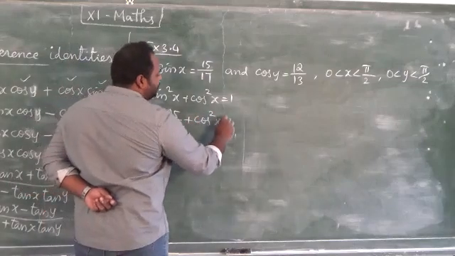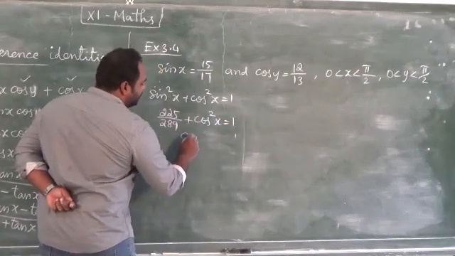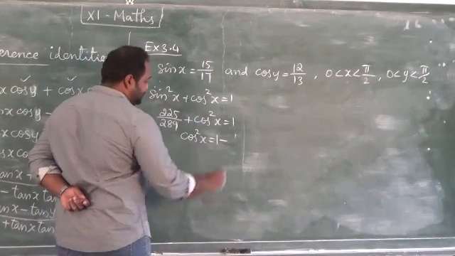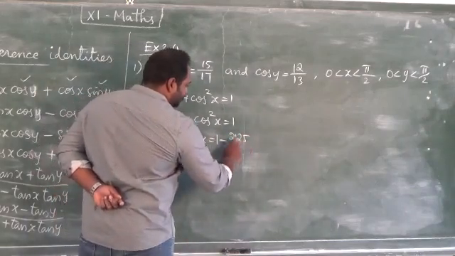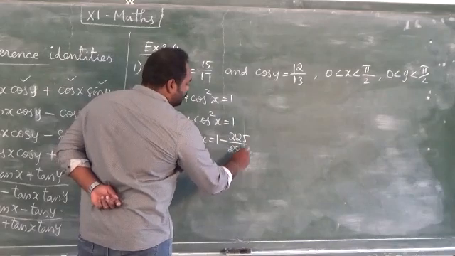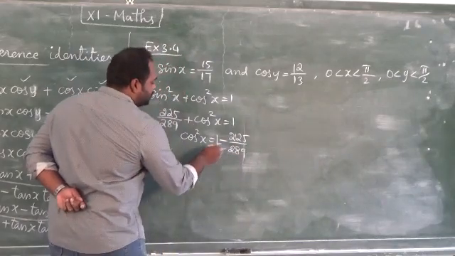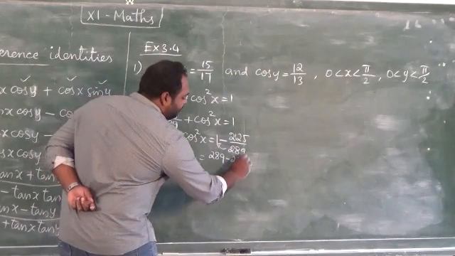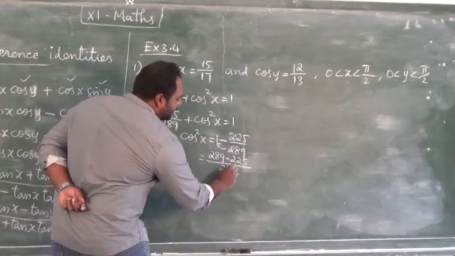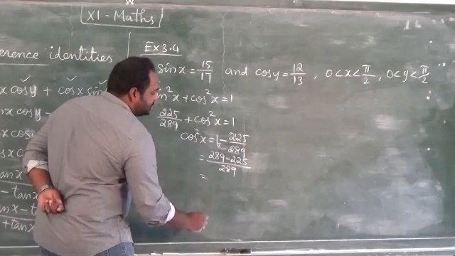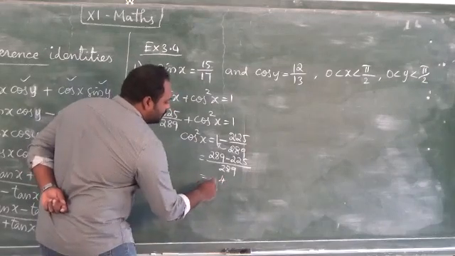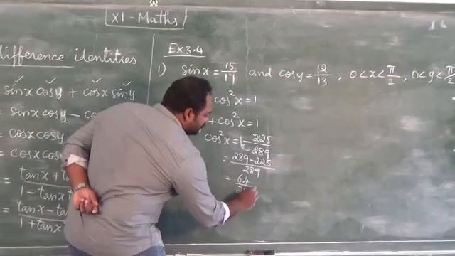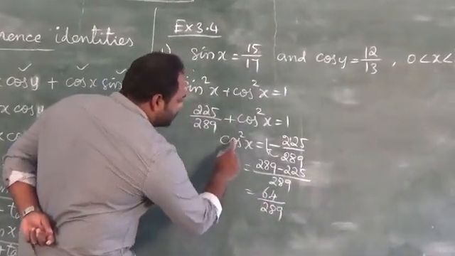So 225 by 289 plus cos square x equal to 1. So cos square x equals 1 minus 225 by 289. Cross multiply: 289 minus 225 by 289, it is 64 by 289. This is the cos square x value.